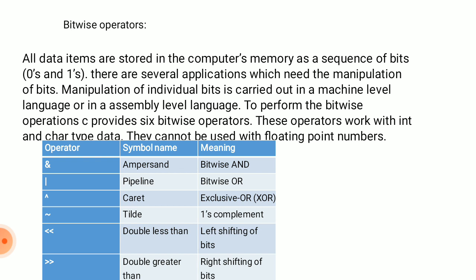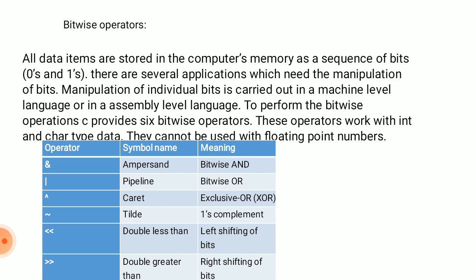Okay, so bitwise, as we know, all the data items are stored in the computer's memory in the sequence of bits, that is 0 and 1. So everything will be stored in the computer memory as 0 and 1. Several applications need the manipulation of bits. If you want to manipulate bits, then how are the bits manipulated?